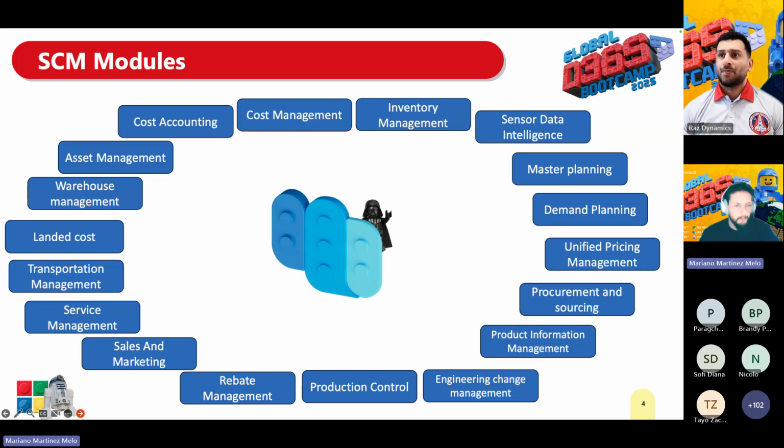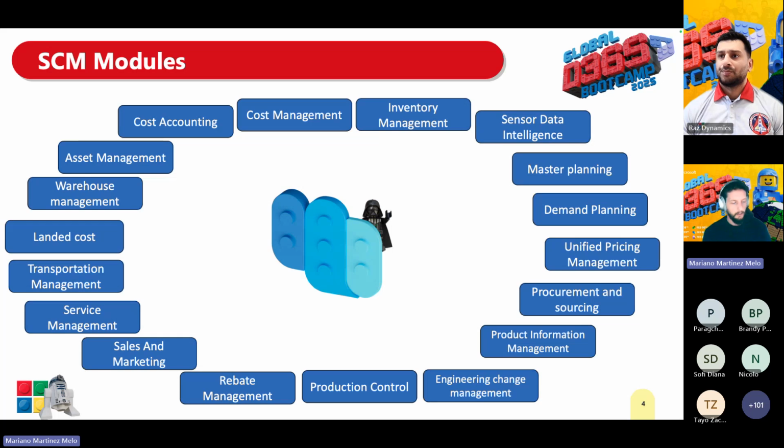Rebate management will control the rebates for the procurement process, while sales and marketing will control the sales orders and all the prospect to cash process that happens in the sales part.